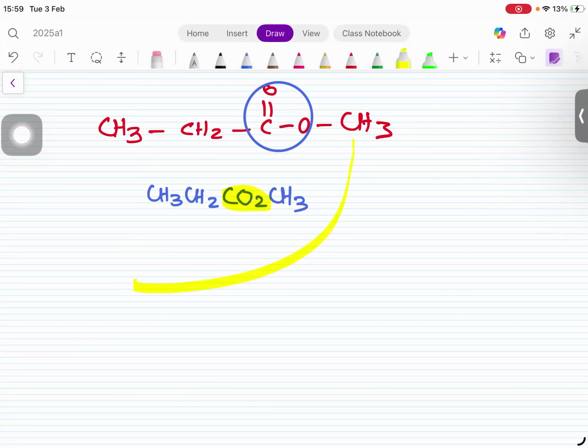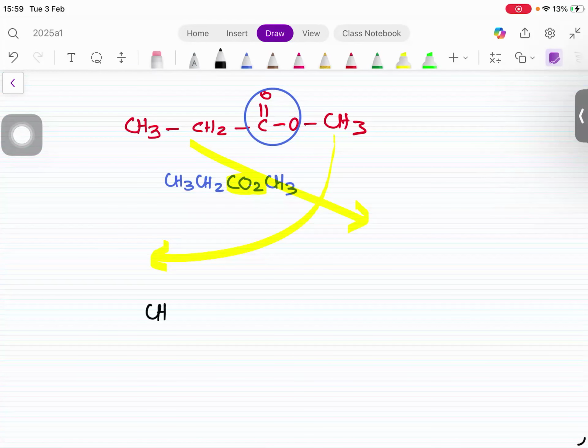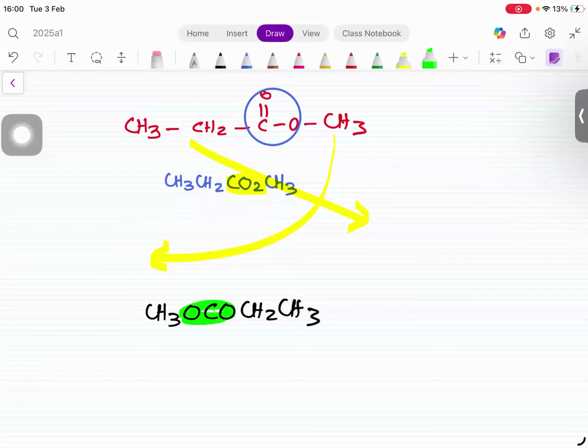But if I invert this and write CH3 before, and then O and then CO, and then CH2 and then CH3. So please do remember OCO is also the functional group of ester. Don't get confused, because at times the examiner puts it like this. When it is OCO, you will understand it's an ester, but the oxygen part, the alcohol part, is written before. That's why it is OCO. So at this moment, just keep in mind that OCO is for esters. Okay?